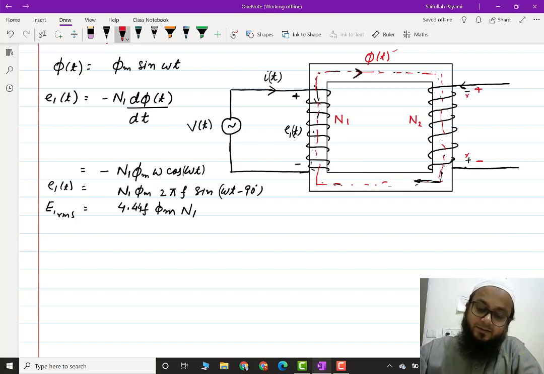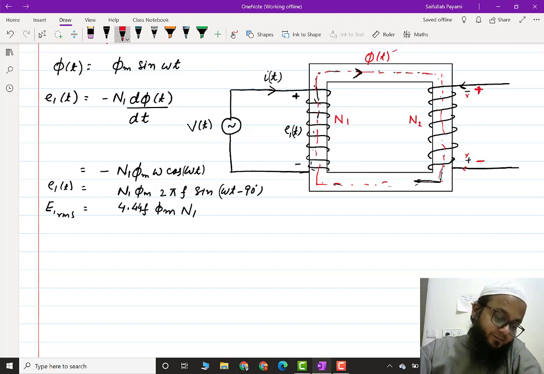If plus is here and minus is here, it will try to push the current in this direction. So the increase of the current will try to nullify, or reduce, the actual flux here. So it should be plus here and minus here.